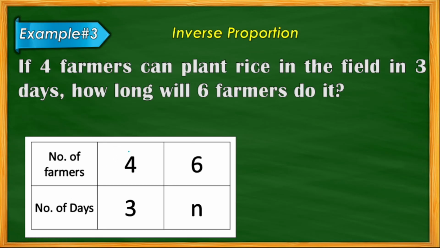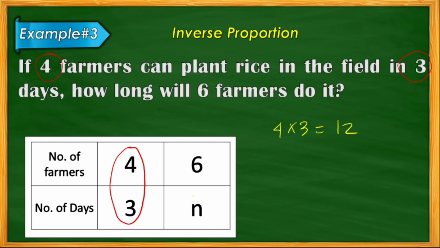You're going to multiply 4 times 3. This would be 4 multiplied by the second quantity. 4 times 3, the answer is 12.